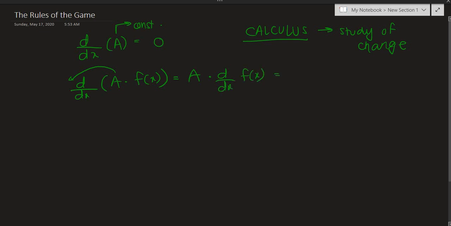And I'm going to call this d over dx of f of x as f prime of x, just for a way more convenient system of writing stuff. So this property says that if you have a constant times a function, you can just take the constant outside untouched and then differentiate the function.